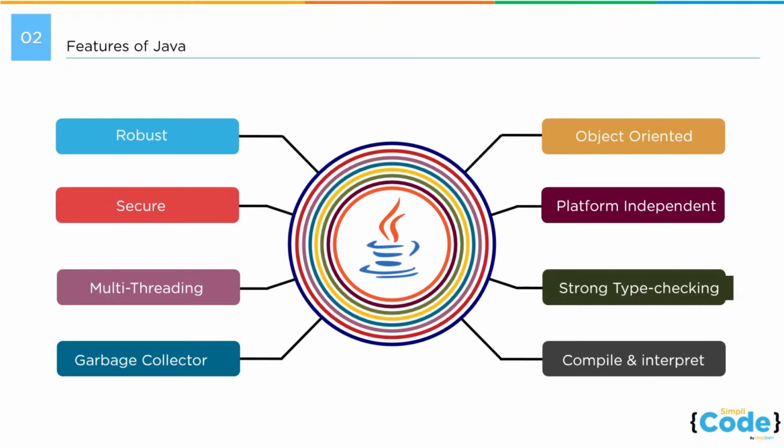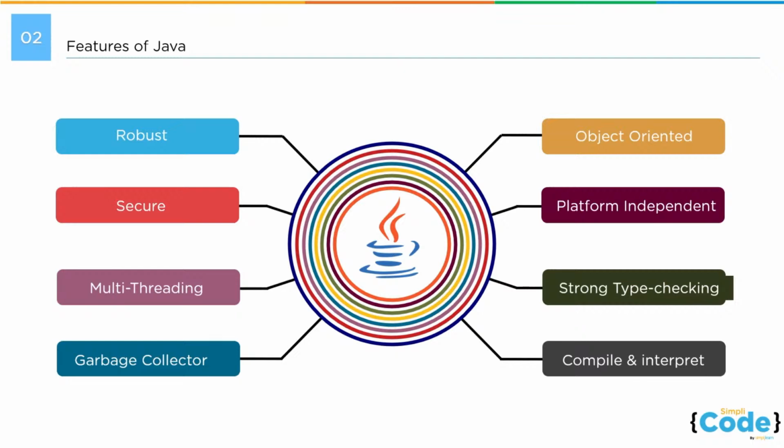It is a strong type checking language, which means that it will force you to respect the contracts of the variables to the data types. For example, if you have created a collection which should accept strings, then you can only insert strings in that collection, and it will not allow you to add a number or an integer into that collection. So it's a strongly type checking language.